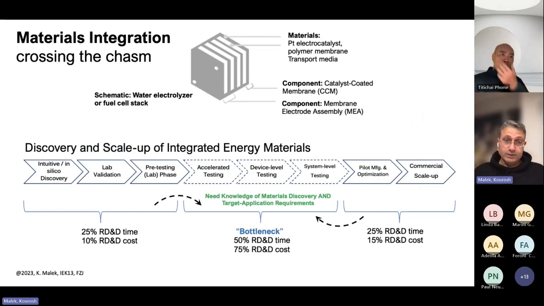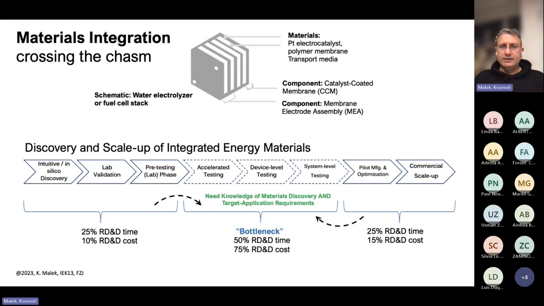So I'm just going to summarize what the issue was that was discussed: you saw the scale-up at the industry scale and the requirements of certain materials for electrolysis and fuel cells, specifically either as catalyst coated membrane components or as the membrane electrode assembly part.